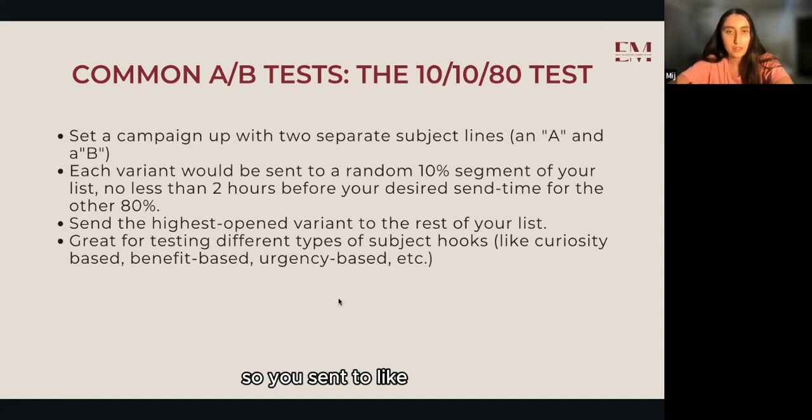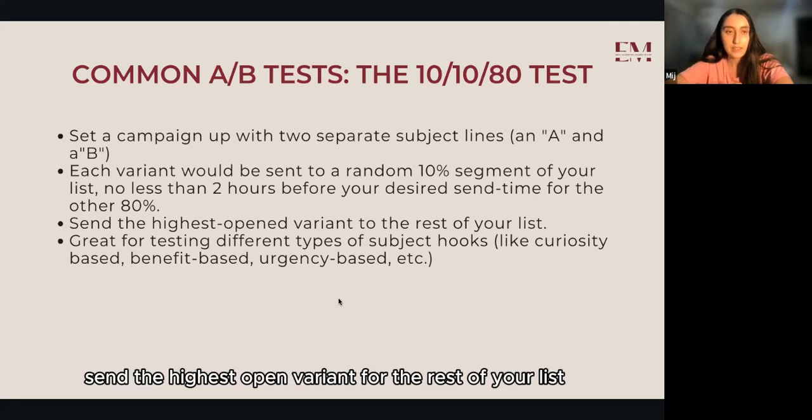So you send to 10 random percent of your list, and then 2 hours before, you can also send it to another 80%, and send the highest open variant for the rest of your list.